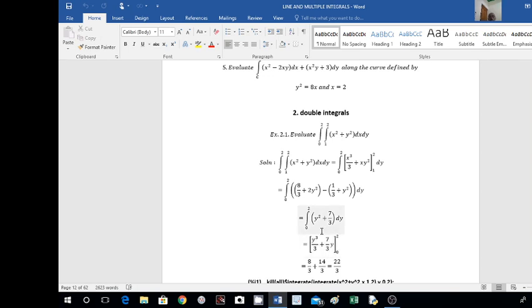Now upper limit: 2 cube by 3, that is 8 by 3, plus y equal to 2 here, 2 into 7 is 14, 14 by 3, minus, if you put the lower limit 0 here, both the terms become 0. So that is 8 by 3 plus 14 by 3, which is equal to 22 by 3.